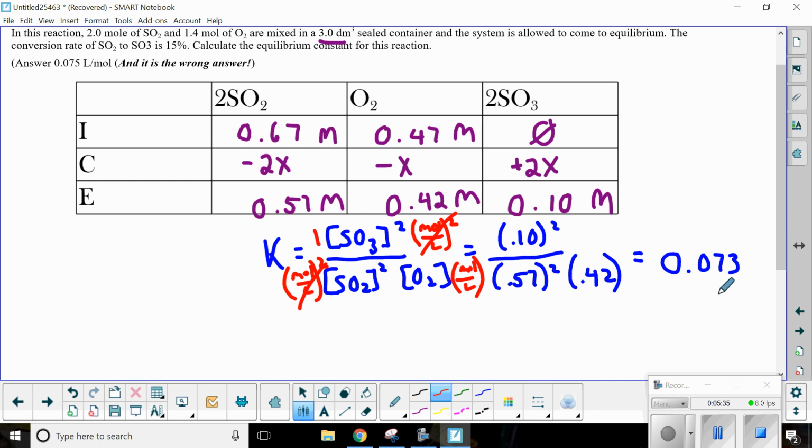So it's going to be 0.073, oops, 1 over moles over liters, otherwise known as 0.073 liters over moles. All right, so the answer was slightly incorrect there, but hopefully this has clarified how this problem works.